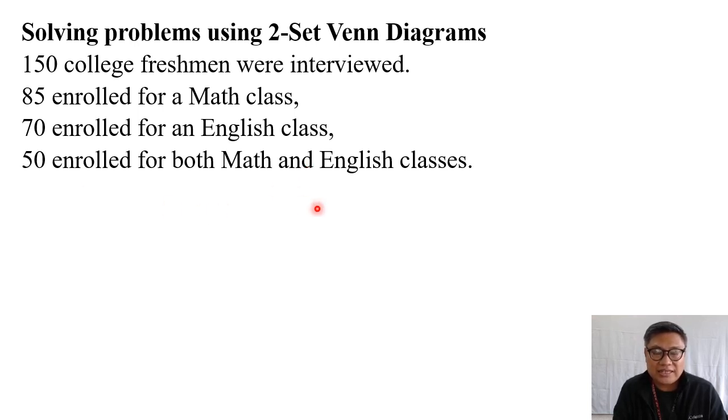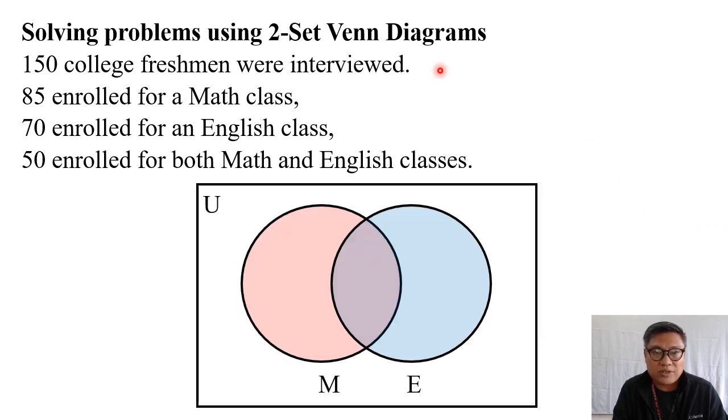So what we do is create a Venn diagram that will represent these two sets: the set of freshmen who enrolled in a math class, the set who enrolled in an English class, and the set where those freshmen have math and English classes at the same time. Here, M represents the math and E represents the English classes.